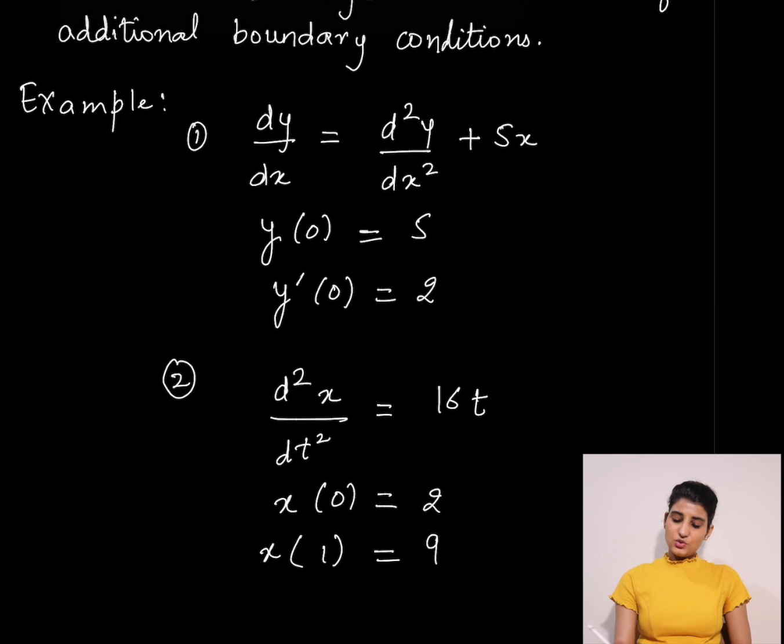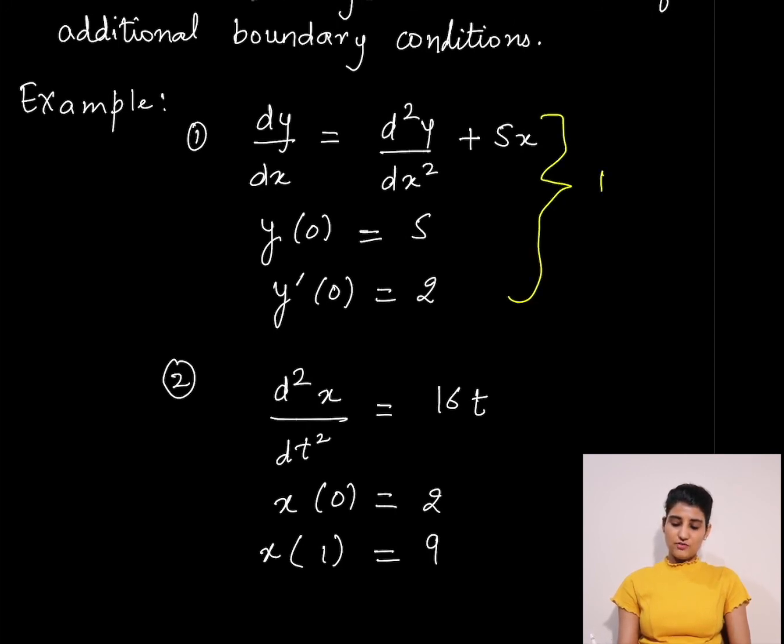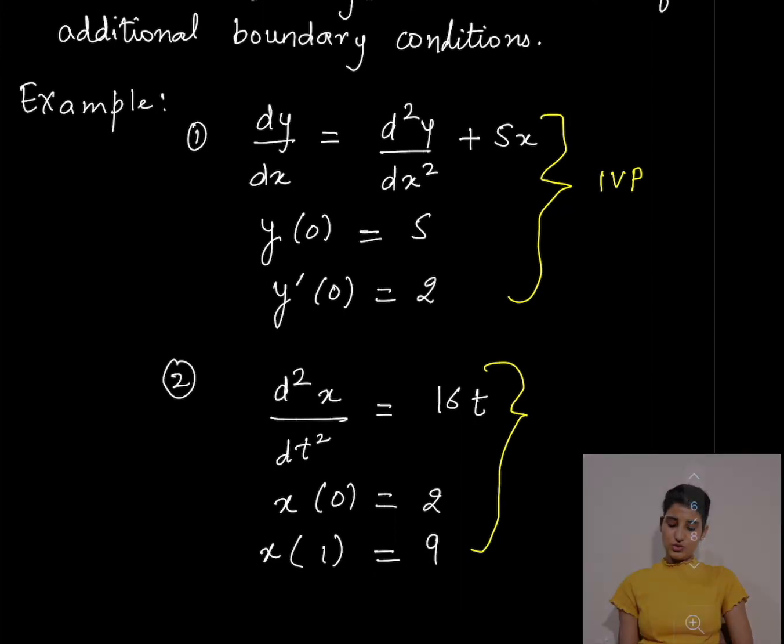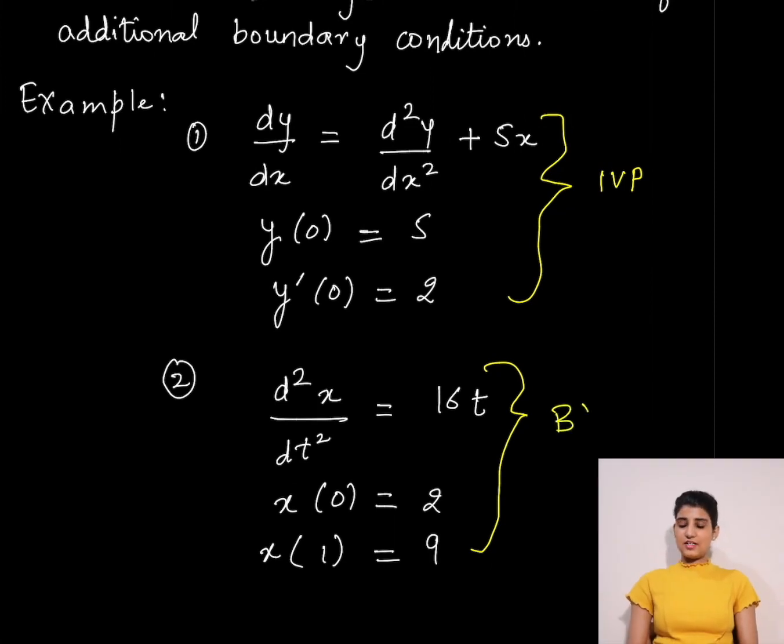So in the first one, we are given the differential equation and the value at the initial point, 0. So this is an example of initial value problem. Here we are given a differential equation and the condition on 0 and 1. The 0 and 1 are boundary values. So this is how we classify initial value problem and boundary value problem.